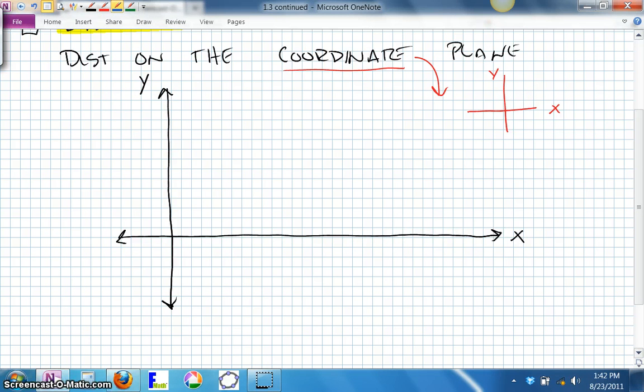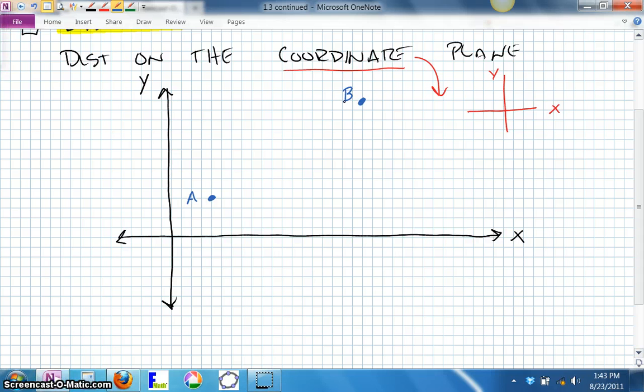On that coordinate plane, put 2 points and leave yourself some room underneath it. Call the first point A, and up in the right-hand corner, call the second point B.